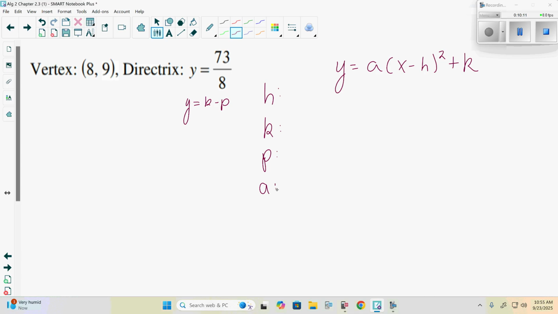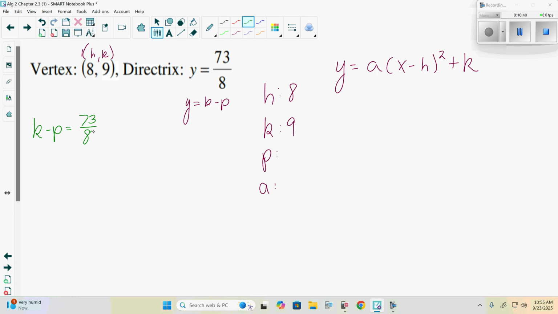Vertex is still the point what? h comma k. So the value of h is 8, value of k is 9. Value of p, well, we don't quite know the value of p yet. We have to find it. Directrix, general form y equals k minus p.